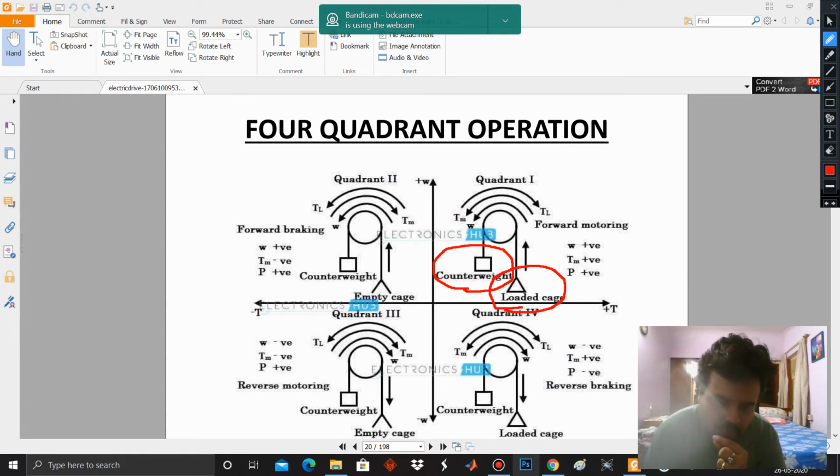So what is our objective? We have to move this loaded cage in the upward direction. Before doing that, let us define some parameters. Tau L is called the load torque.